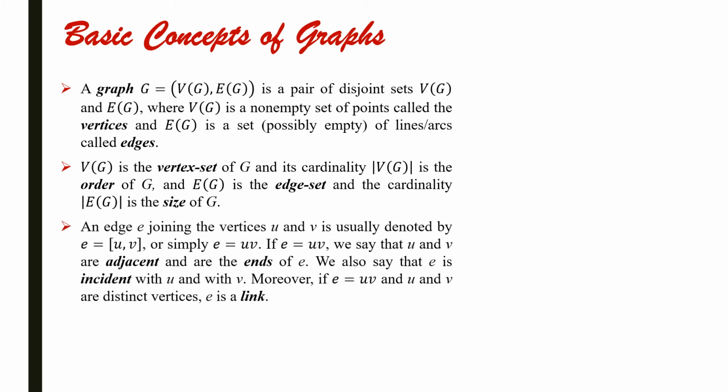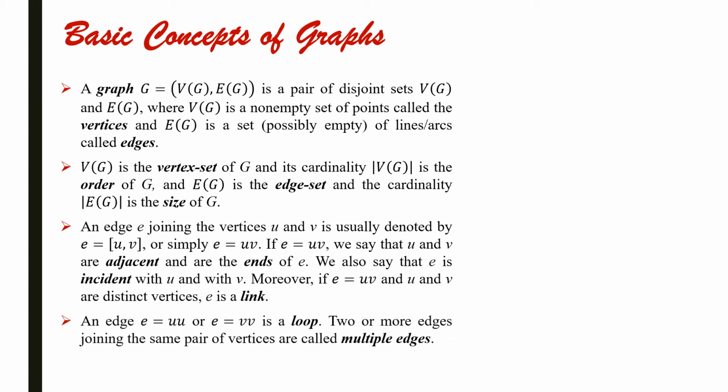An edge E joining the vertices U and V is usually denoted by this notation, or we can simply write E equals UV. If E equals UV, we say that U and V are adjacent and are ends of E. We also say that E is incident with U and with V. Moreover, if E equals UV and U and V are distinct vertices, E is a link.